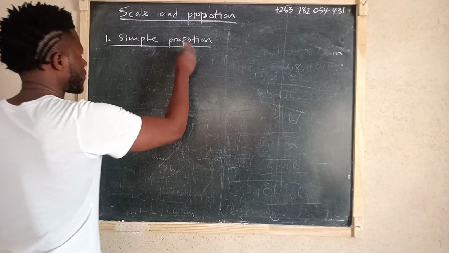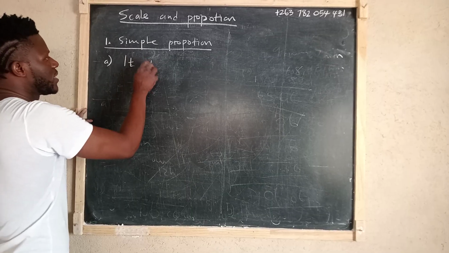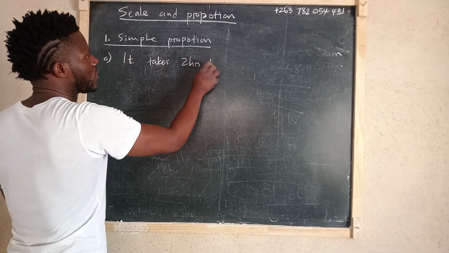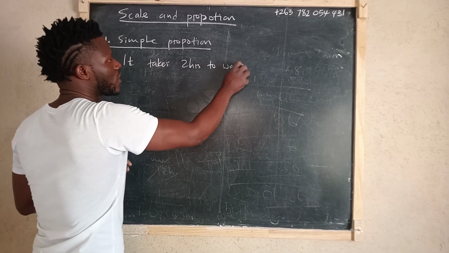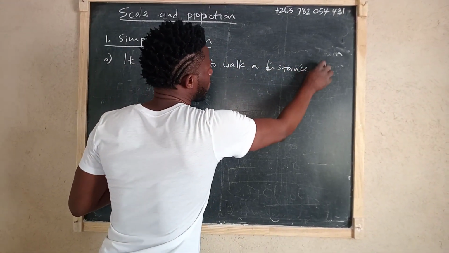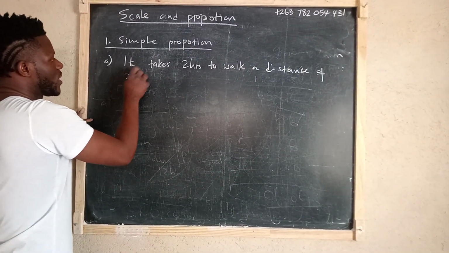Simple proportion. For instance, number A, you are given that it takes 2 hours to walk a distance of 20 kilometers.